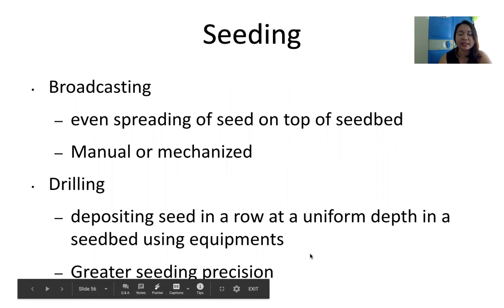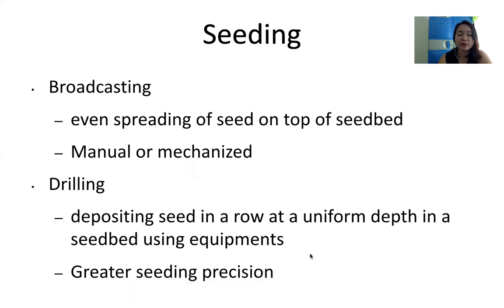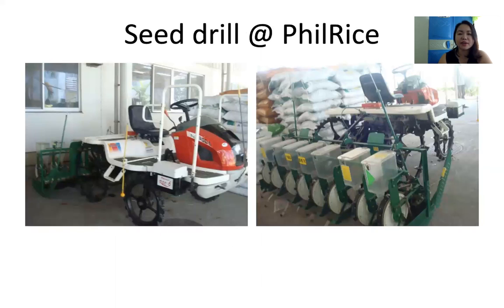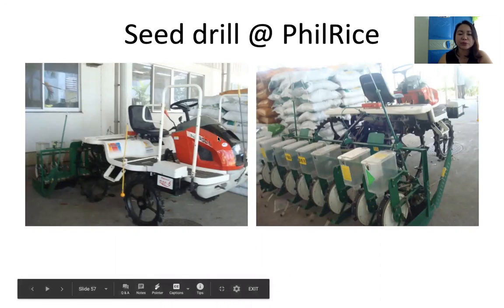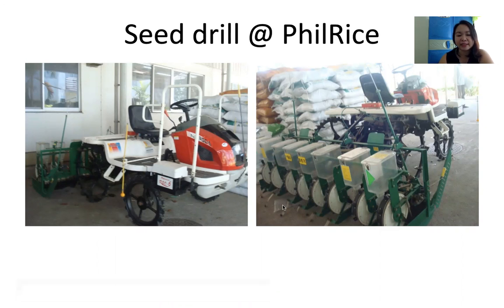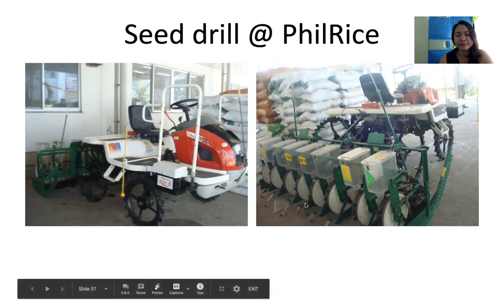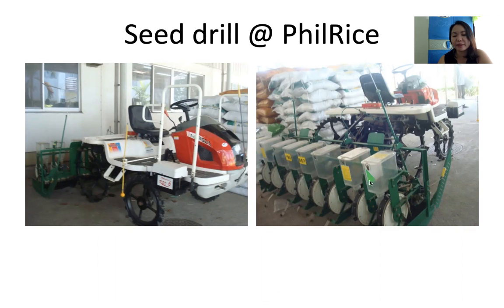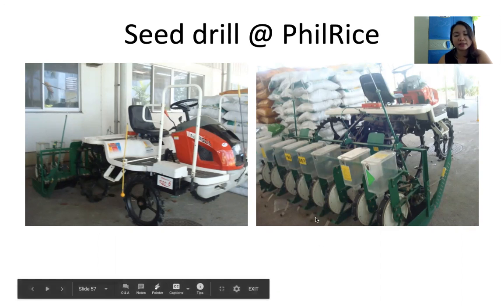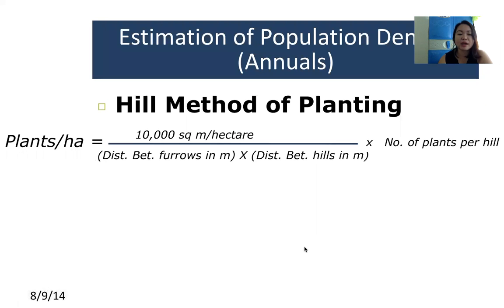You have seen this in the first video on the previous discussions on rice production. This is a seed driller that is found in the field in Nueva Ecija. As you can see, the seeds are being deposited here and they are ready for drilling in the field in uniform distance.